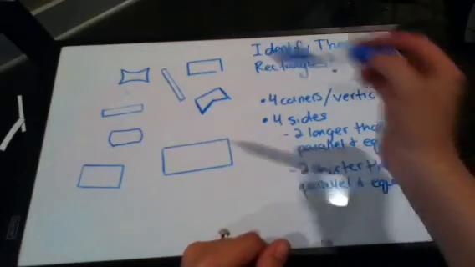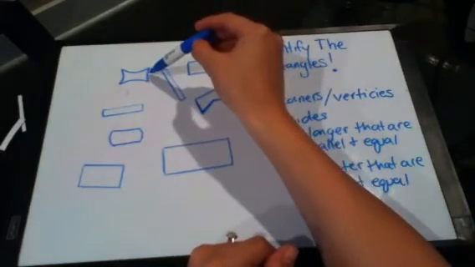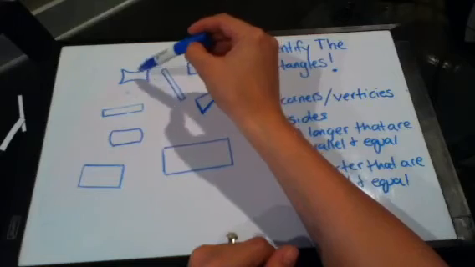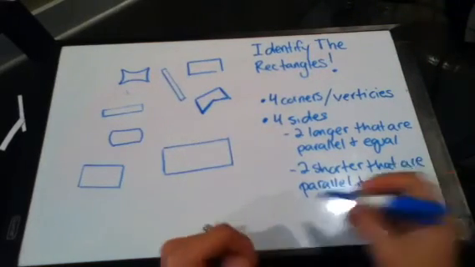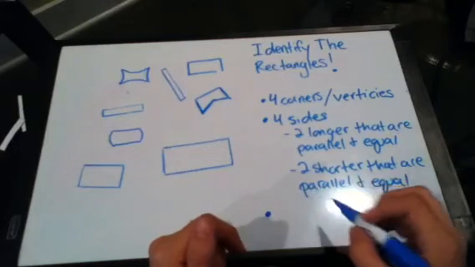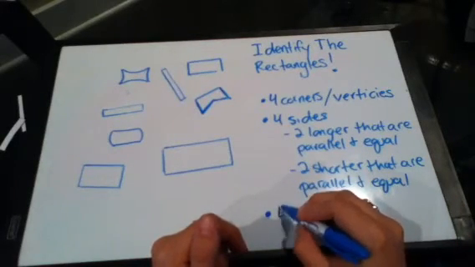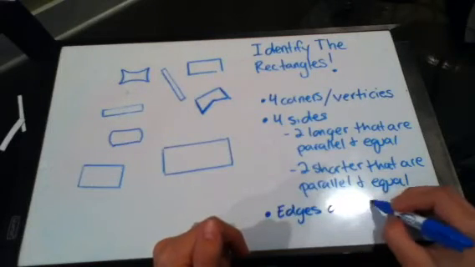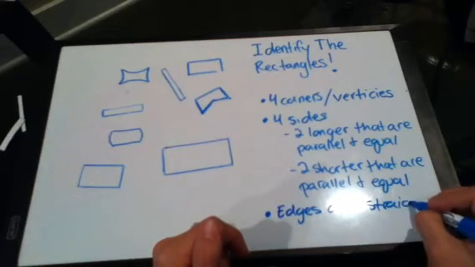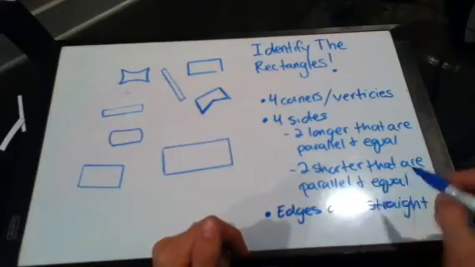So, you know, they can go through and be like, well, this has some curves in it. So, you know, one of the things we know about rectangles is that all the sides are straight, or all the edges are straight. That's another property that they might know.